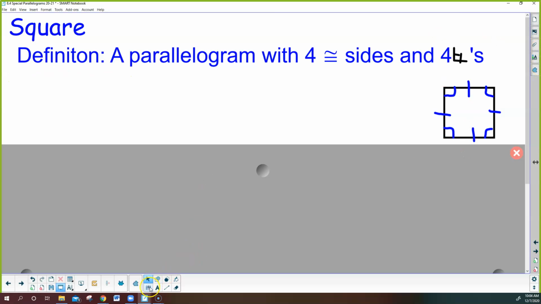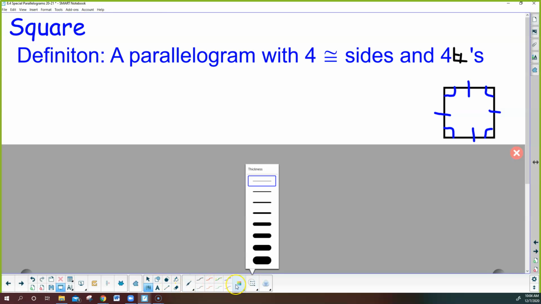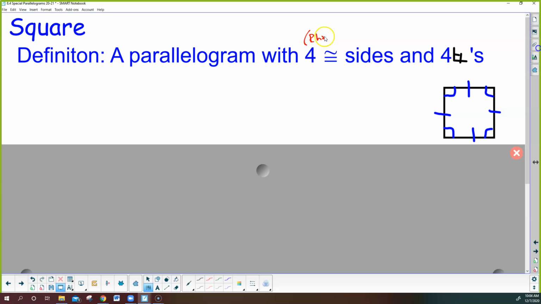Now, we are not going to get too heavy into the proof side of all this. I'm going to put here, if I have four congruent sides, that means it's a rhombus, right? Four congruent sides is a rhombus. If I have four congruent angles, then it's a rectangle.